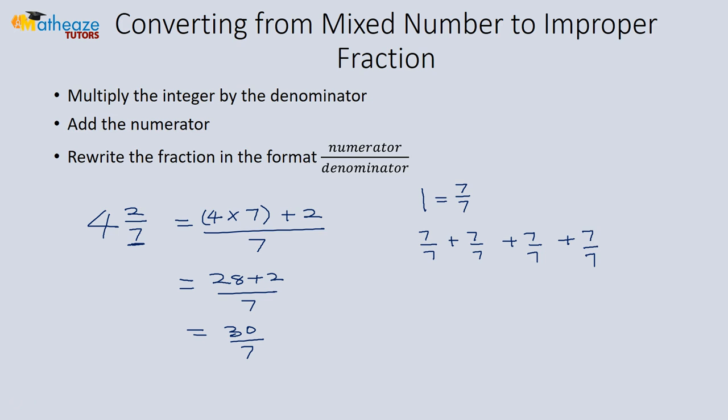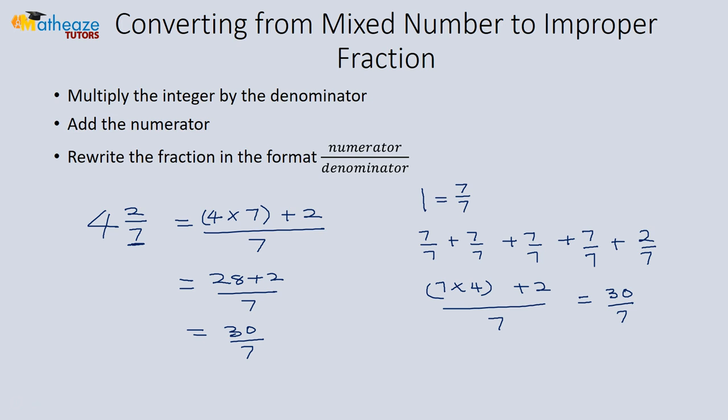That accounts for 4 because this is 1, 1, 1, 1, plus 2 over 7. So what you see here is going to be 4 times 7, plus 2, and then we have a common denominator of 7. So this is going to give us 30 over 7. So that's the logic behind why we're doing it the way we're doing it.